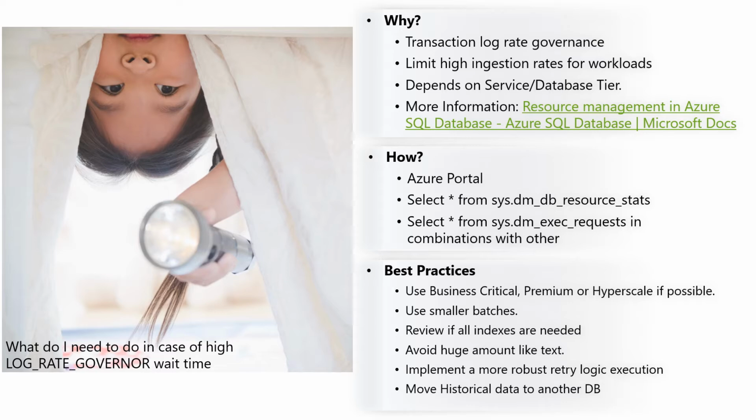For example, I don't need the data from 3 or 5 years ago, so I'm going to move this and reduce the amount of data that I'm updating. Also, you could split the data, for example, using vertical or horizontal partitioning, such as creating one database per customer, depending on the business requirements in your environment.